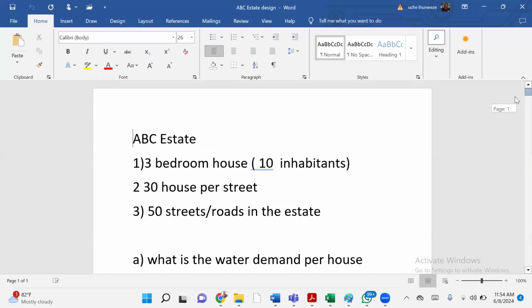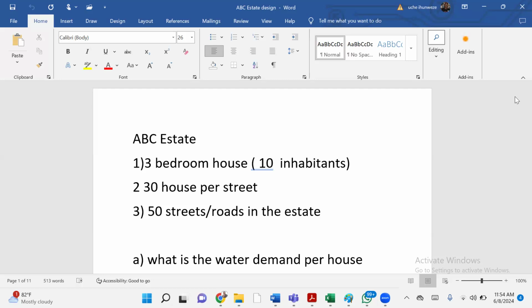Yes, sir. Okay. So now we are assuming that each of those dots in those houses are 3-bedroom houses, bungalows. And we are also assuming that each of those houses contain 10 people. This is relative.